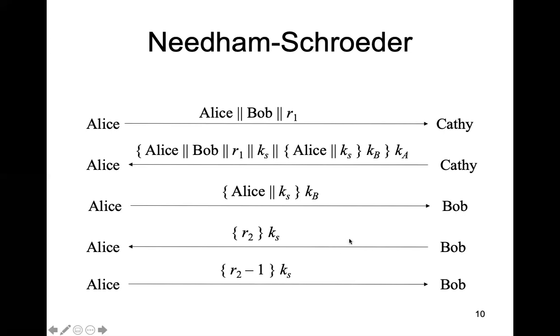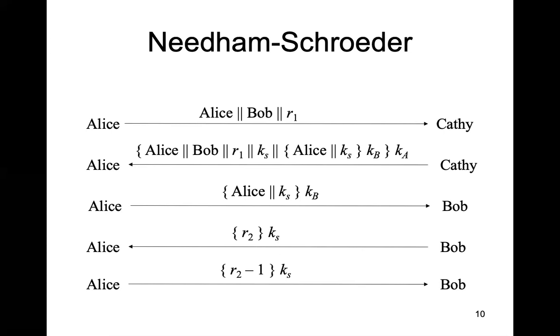But of course, now Bob is checking for that by using these next two messages, R2 encrypted under key KS, over to Alice. So even if Bob sends this over to somebody else who pretends to be Alice, like Eve, Eve will not be able to decrypt this message. The reason that she cannot decrypt this message is because she does not have access to KS.